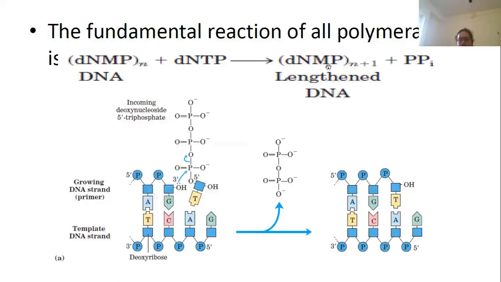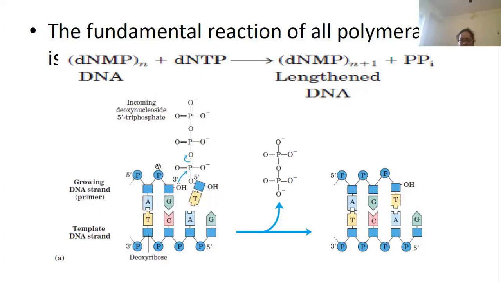Now, this is a fundamental chemical reaction going on in the replication process, in which the polymerization of the nucleotides is carried out by this polymerase enzyme. You can see it is deoxynucleoside monophosphate (DNMP) n plus dNTP, giving rise to DNMP n plus 1, which is lengthened DNA, plus inorganic phosphates.